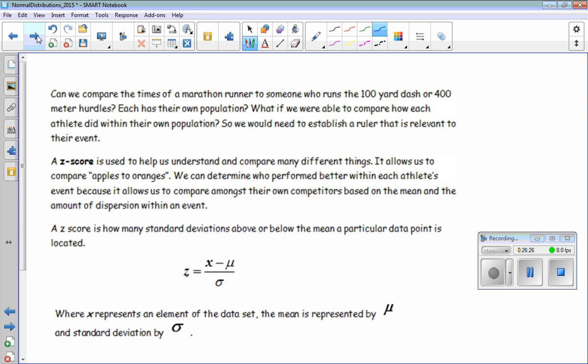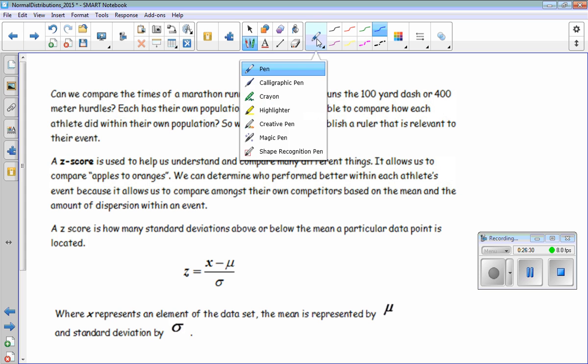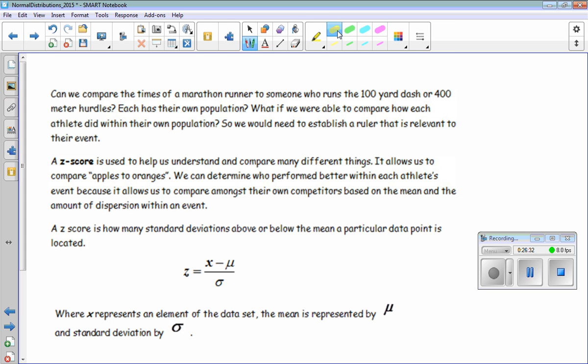Well, here's an example right below it. On the back. So here's an example in context of what we're talking about. What about comparing running times of a marathon runner to somebody who runs maybe the 100-yard dash or 400-meter hurdles? How do you compare those times?